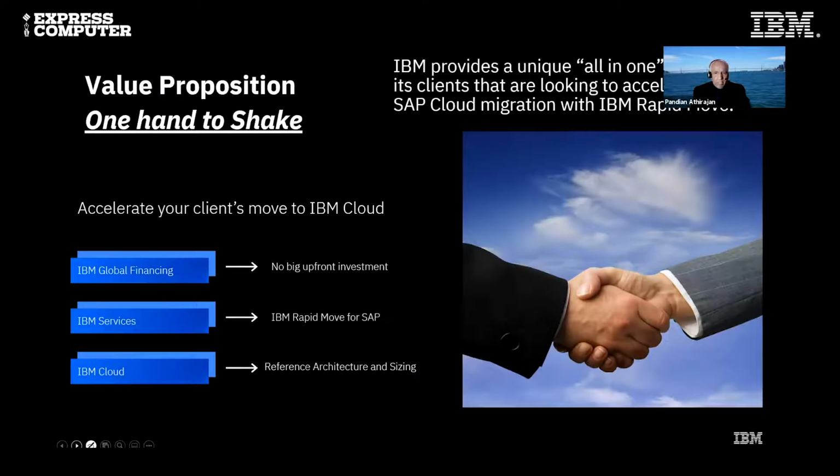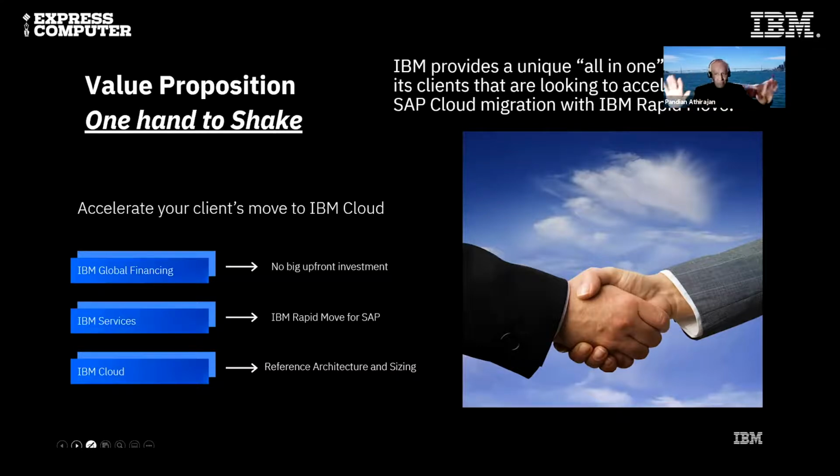Again, I keep talking about the one hand to shake. In the beginning of my presentation, I talked about the five different buckets, starting with the cloud, the landscape provisioning and management, the basis administration, the migration and implementation, as well as the application management.